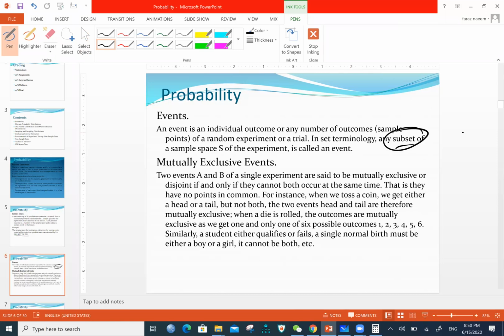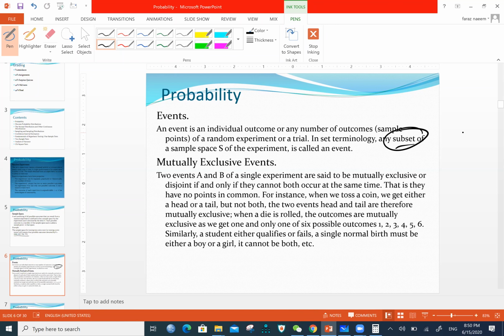Then from a probability point of view, another very important definition is mutually exclusive events. Two events A and B of a single experiment are said to be mutually exclusive or disjoint if and only if they cannot both occur at the same time. That is, they have no points in common.